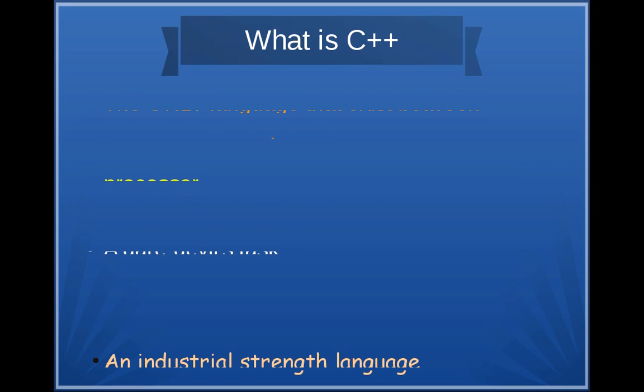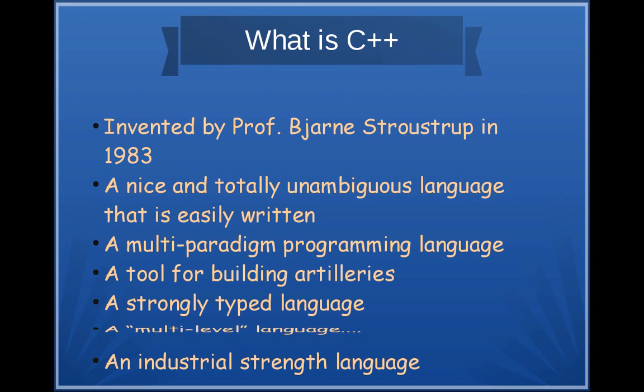Okay. Now, the next thing is, what is C++ itself? Now, C++ was invented by Professor Bjarne Stroustrup in 1983. Okay, so you can see that it's actually a very matured language. It's been here for decades now, like 3 decades now.